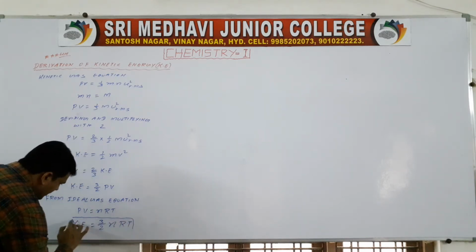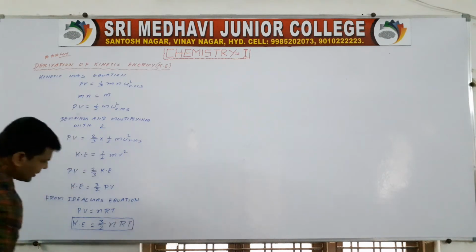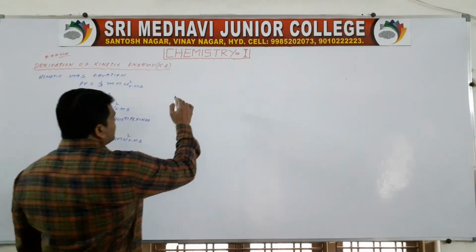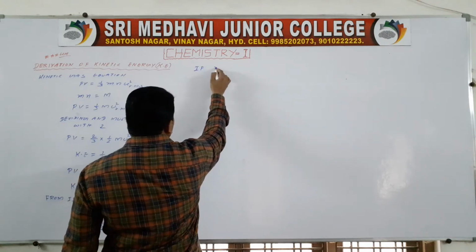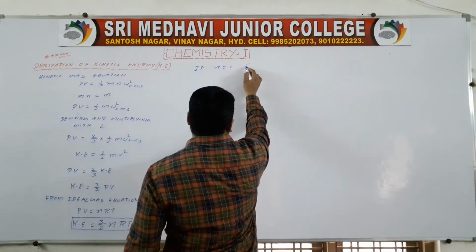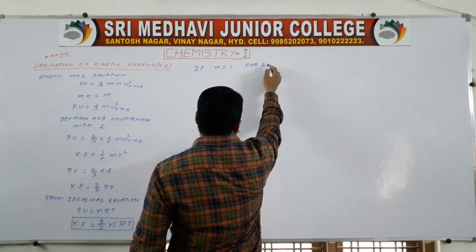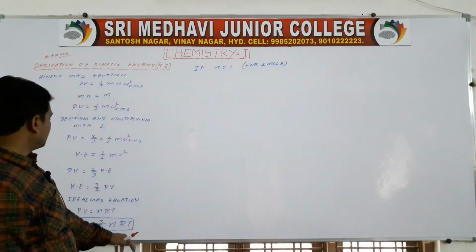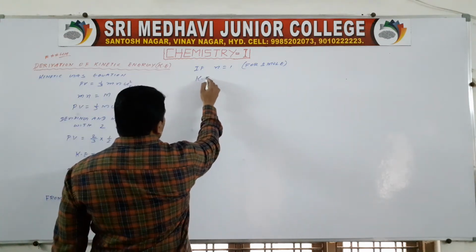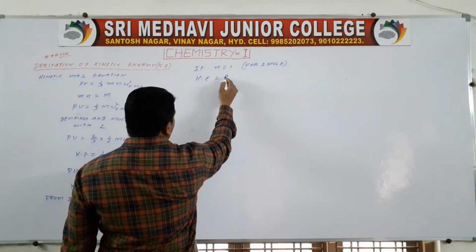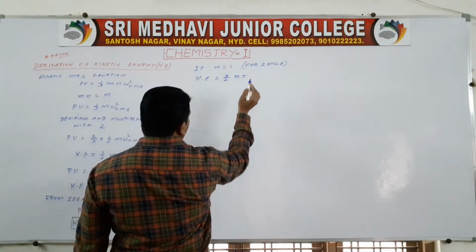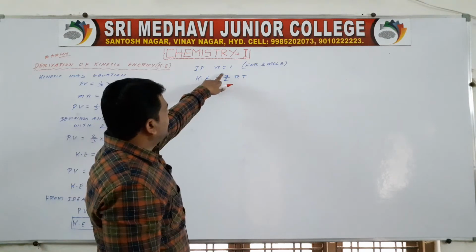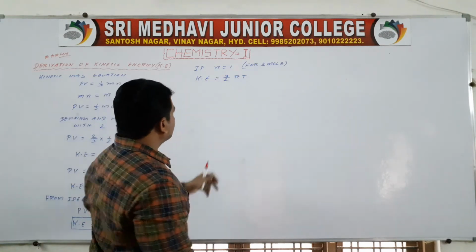It is nothing but the kinetic energy formula. Here 3 is constant. If n is equal to 1, for 1 mole, then kinetic energy equal to 3 by 2 RT. Then 3 is constant, 2 is constant, R is constant.